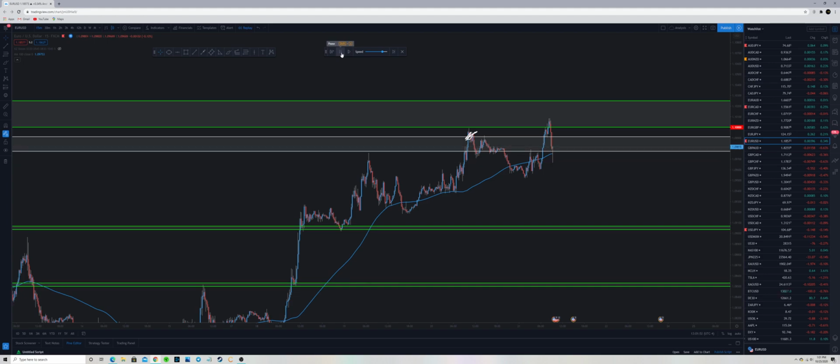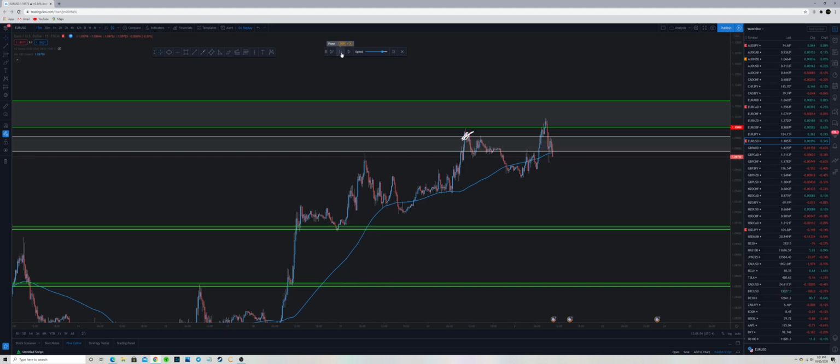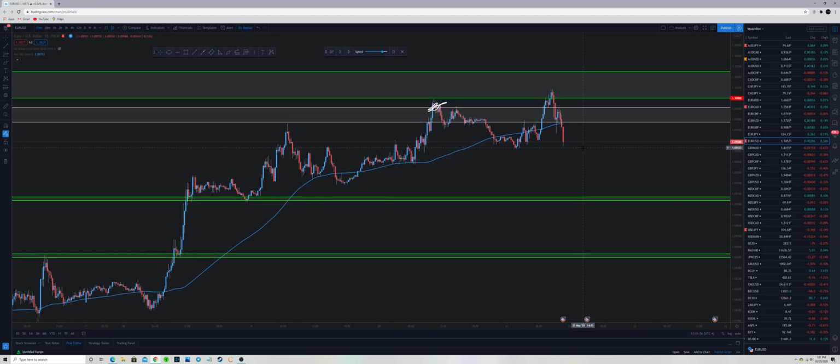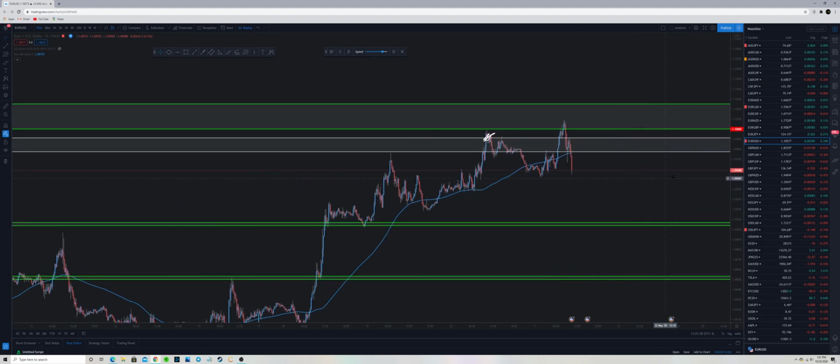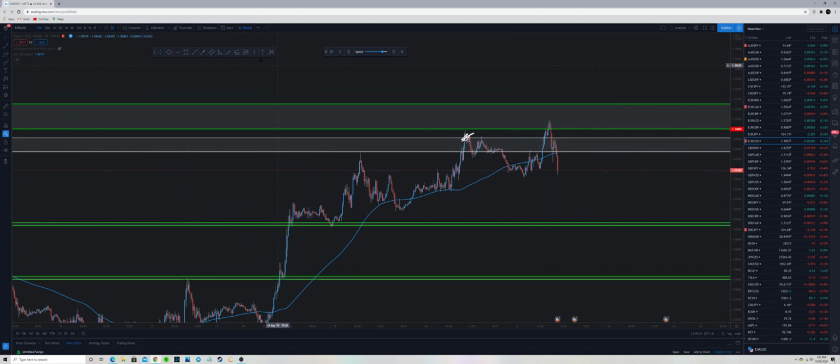Nice wick, right there. Price made a nice push down, correction, boom. This candle right here just obliterated right through the 100-day SMA. That's my second entry right there.